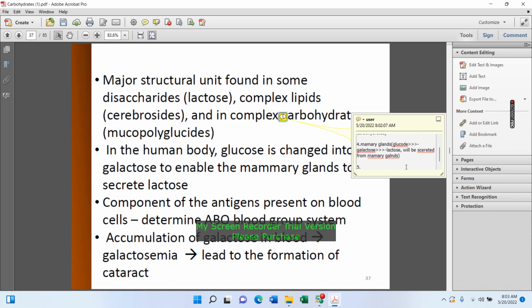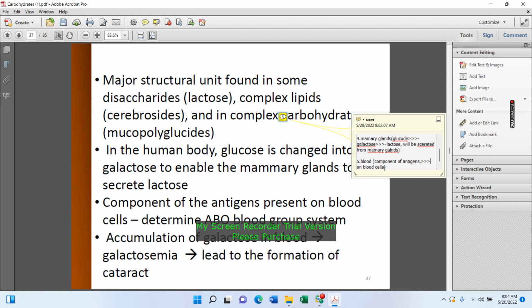And the fifth one is that it's found in antigens. It's a component of antigens. So you might get a question like whether it's found in blood. If you are given an MCQ like that, you have to say it's true: it is a component of antigens on blood cells.